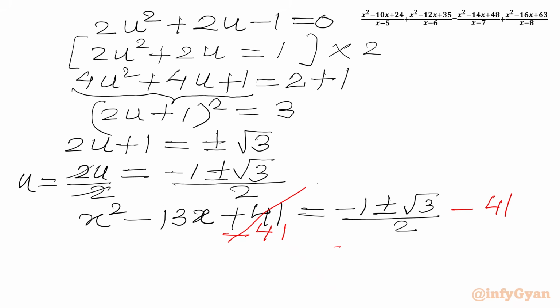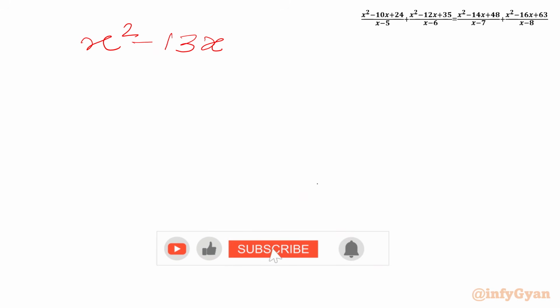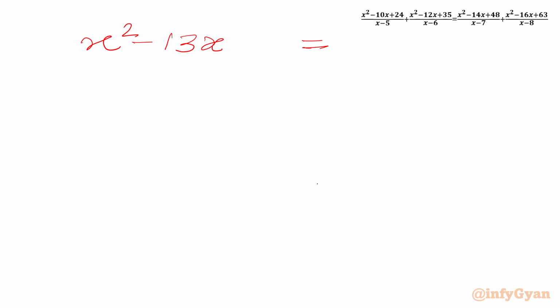In the RHS we are going to get -1 - 82, which is -83, plus minus square root of 3 over 2, and in the LHS we have x² - 13x. Let me write this value over here: x² - 13x in the LHS, and in the RHS -83 plus minus square root 3 over 2.